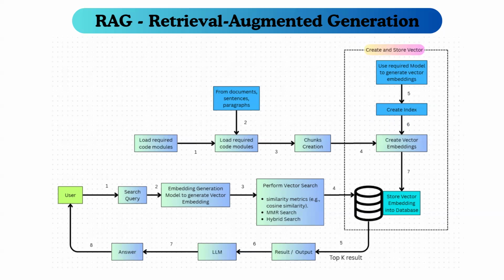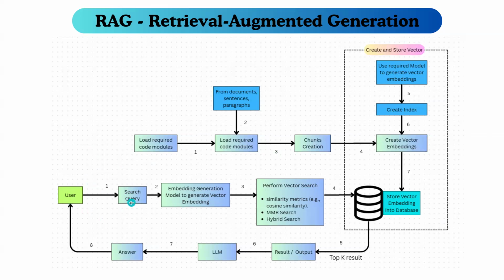Okay. Now step five is to store the embeddings in a vector database. These numerical representations are stored in a vector database such as FAISS, Pinecone, or Chroma, which allows for fast and efficient similarity searches. Now, perform a search.